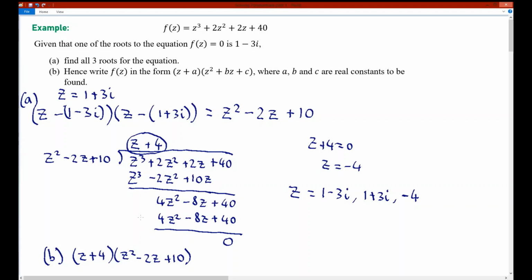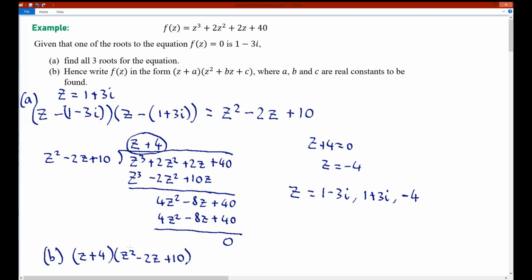I had to write it in this way because we're told that A, B, and C are real constants. So it's not as if I could have chosen another 2 different factors of the 3 factors to form my quadratic, because A, B, and C all had to be real. And if I had one of the complex factors here, it just wouldn't be like that.